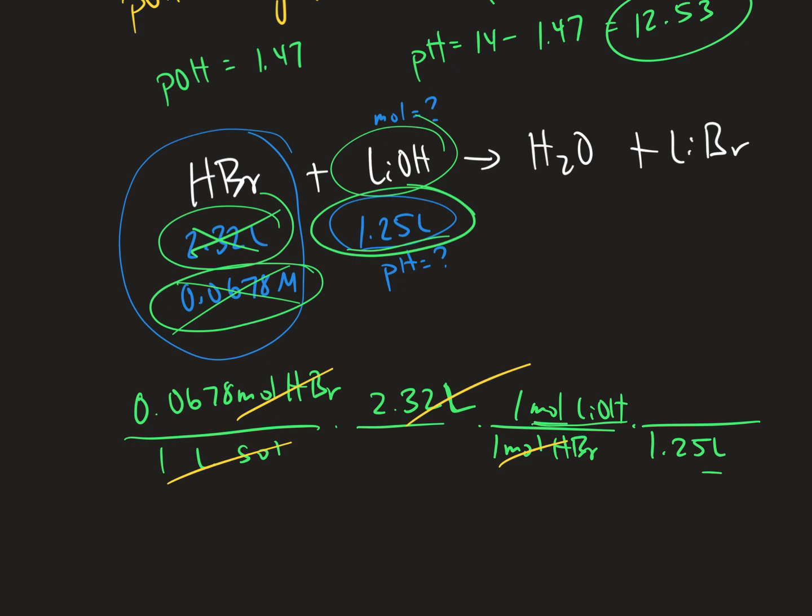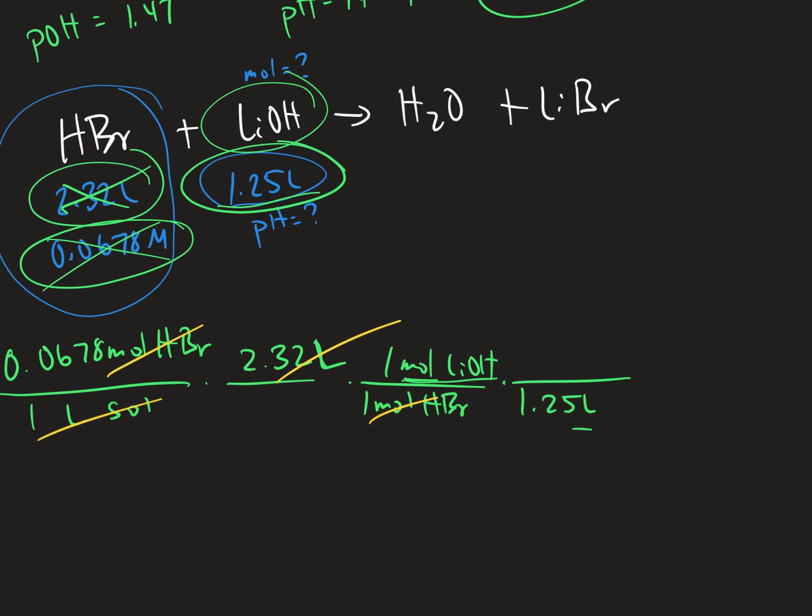Do you want to find an answer or keep going? Keep going, okay. So now we have, and we could just put a 1 right there, yeah? Now we have moles per liter, or molarity of LiOH.